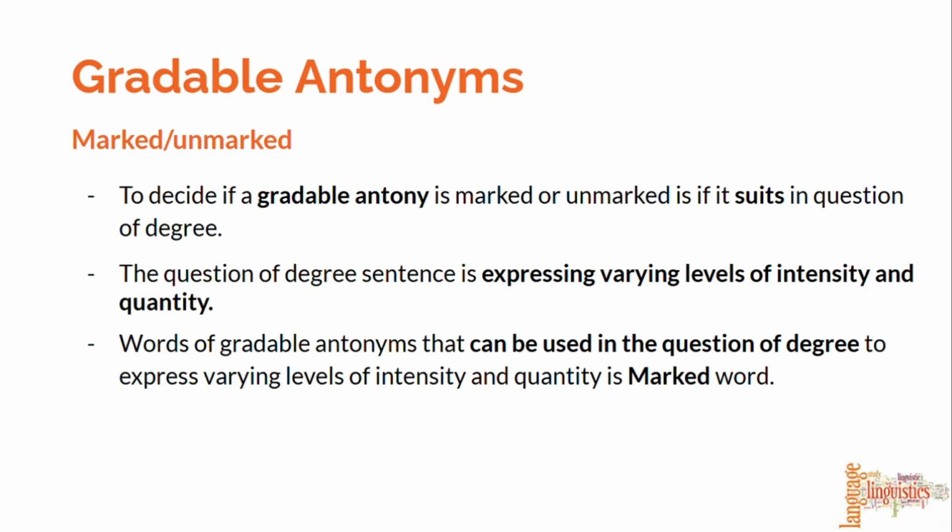The first one is that to decide if a gradable antonym is marked or unmarked is that if it suits in question of degree. So from here you would ask yourself, what is question of degree? Well, the question of degree sentence is expressing varying levels of intensity and quantity.